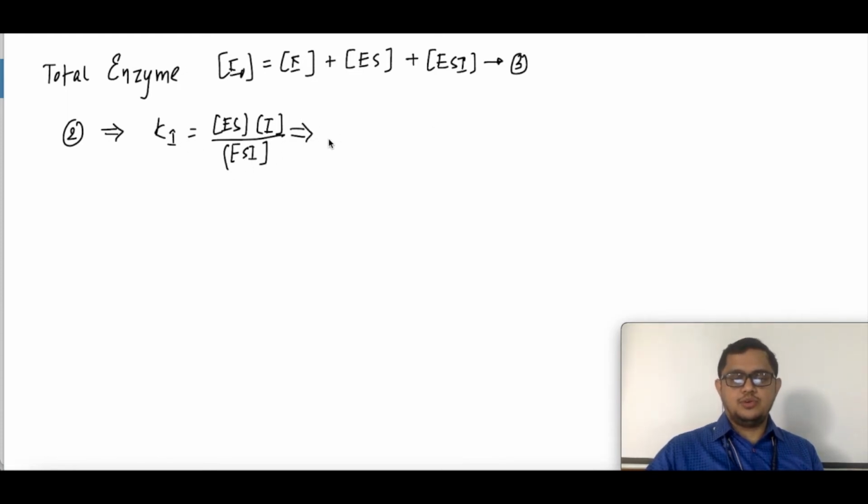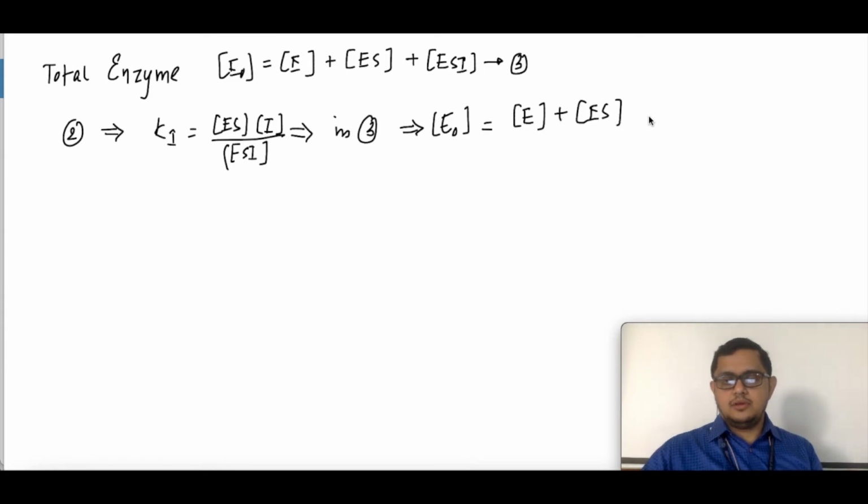Substituting in the third equation, E naught is equal to E plus ES plus ES into I by Ki.